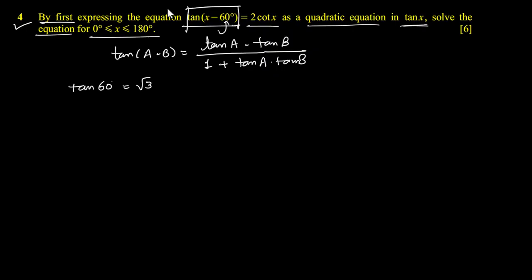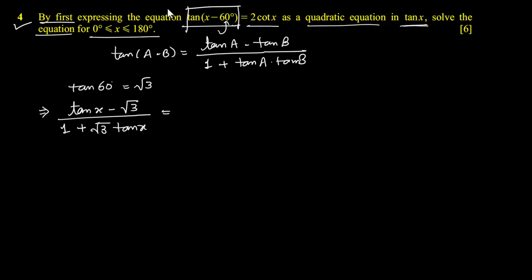I wrote it explicitly so that I can directly use it, and hence we got tan x minus root 3 over 1 plus root 3 times tan x. It's better to write root 3 towards the left side of tan x.